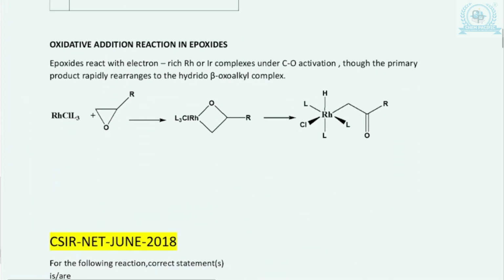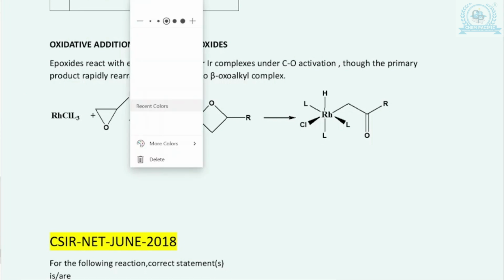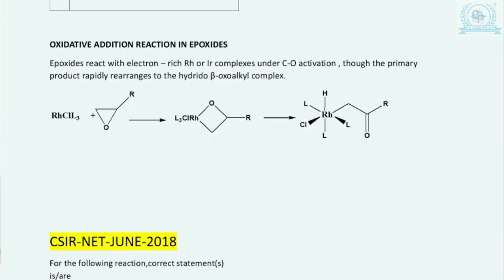This is the oxidative addition reactions in epoxides. Basically, epoxides react with electron-rich metals like rhodium and iridium complexes.